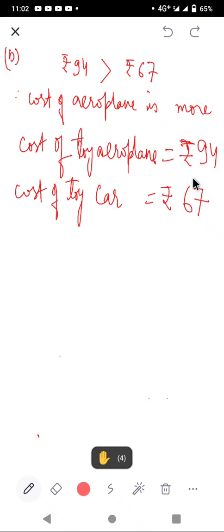Okay, so the cost of the aeroplane is more. By how much is it more? I told you that when we need to find out how much more something is, we need to do subtraction.